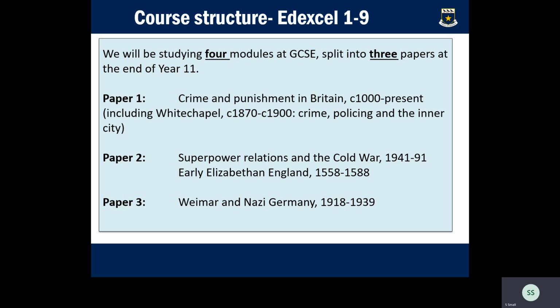The first paper is Crime and Punishment. The second paper is Superpower Relations, and this is coincided with early Elizabethan England. The third paper is Weimar and Nazi Germany.